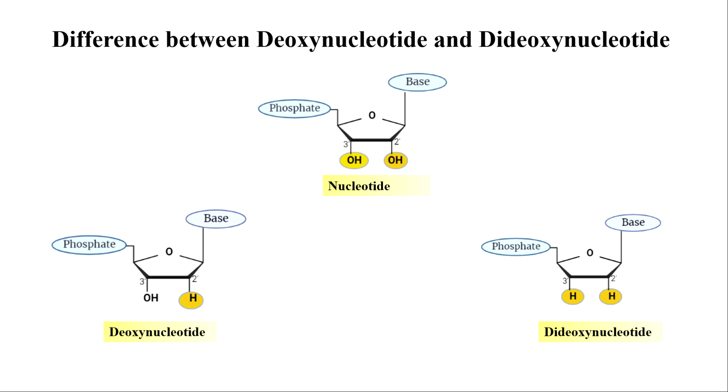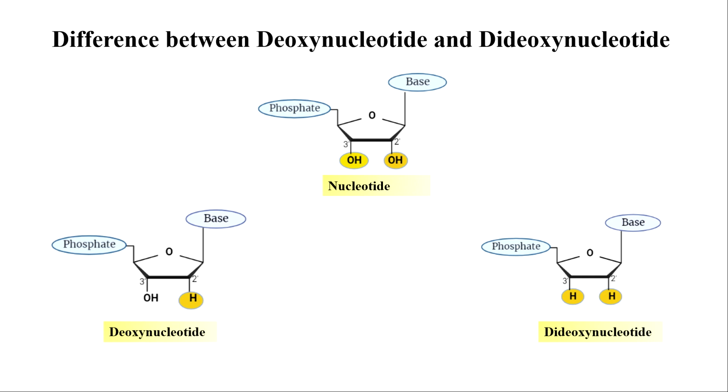Why are we concerned with the oxygen at position 2 and 3? We know that DNA is the basic unit of life, which mainly consists of nucleotides, and these nucleotides are joined together by a phosphodiester bond. For the formation of the phosphodiester bond, 3' OH is necessary.